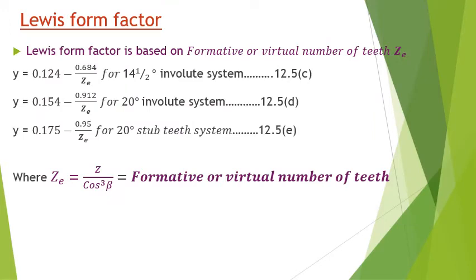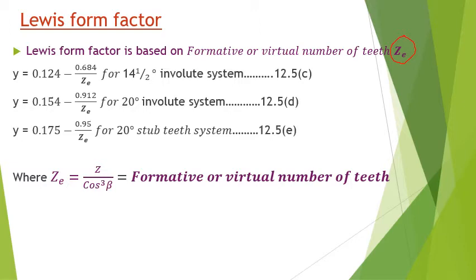Now coming to the Lewis form factor, that is small y. So in helical gears, as we know, the Lewis form factor is based on the formative number of teeth or the virtual number of teeth, which is indicated by Z suffix E. So whatever the equations that we have from the design data handbook, that is, we are referring to the design data handbook by Mahadevan and Balavi Reddy, that is the 4th edition book.